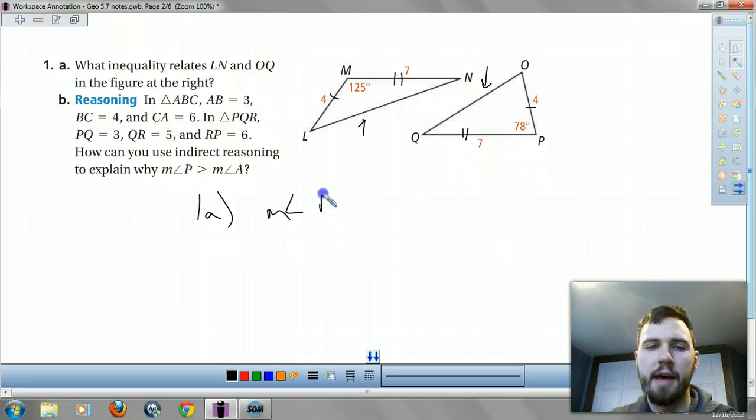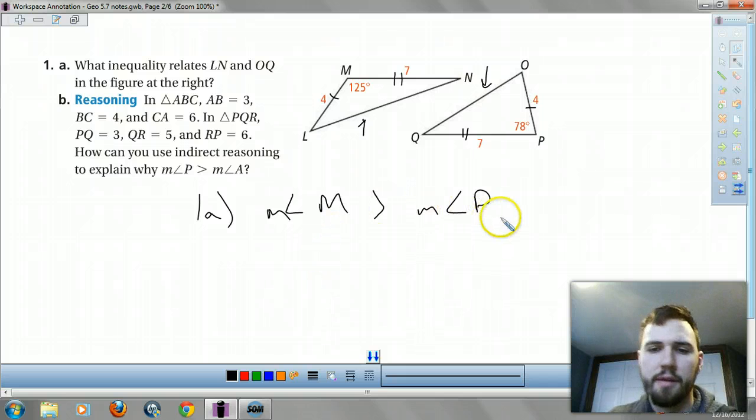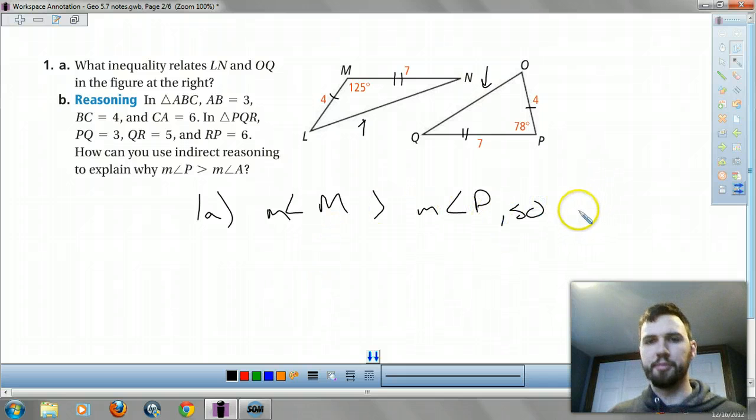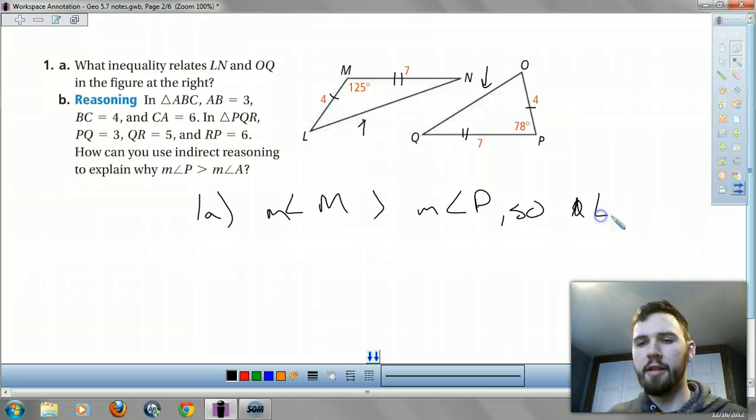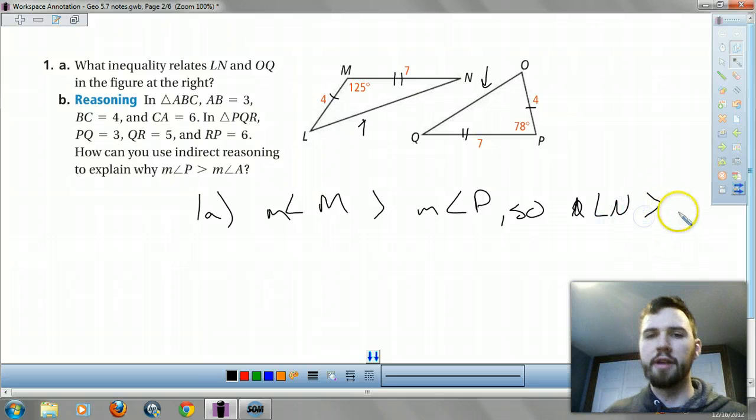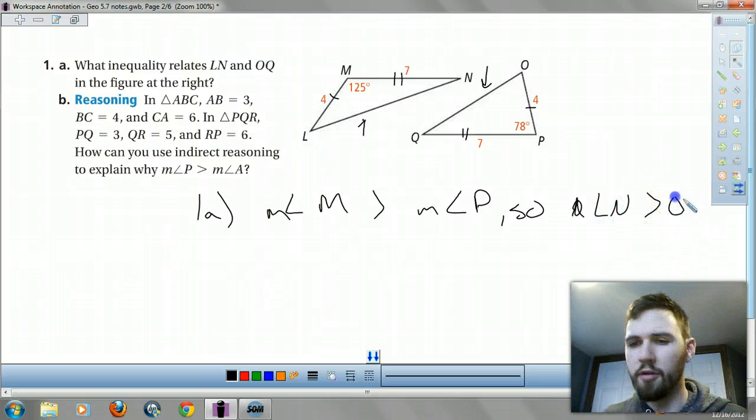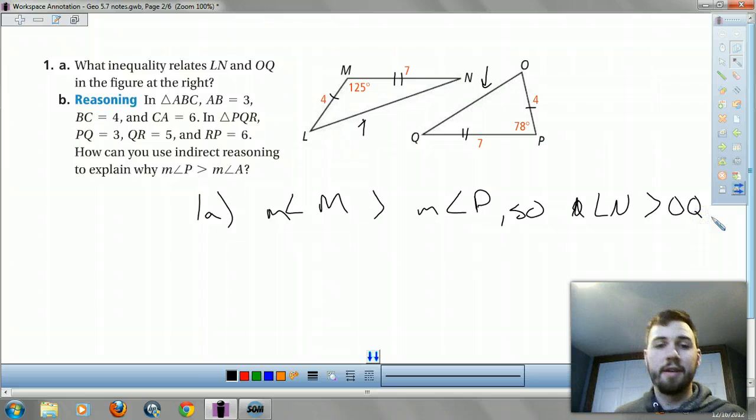The measure of angle M is greater than the measure of angle P, right? So LN is going to be greater than OQ, because if M is the bigger angle, it's going to have the bigger opposite side. Okay?